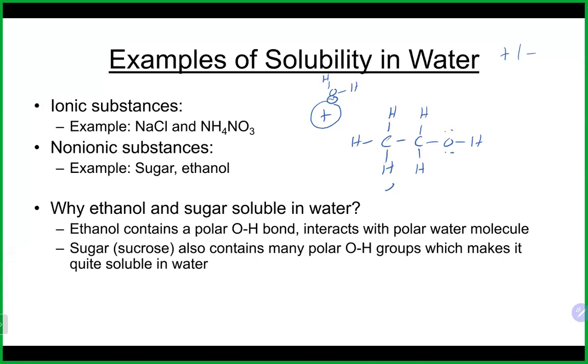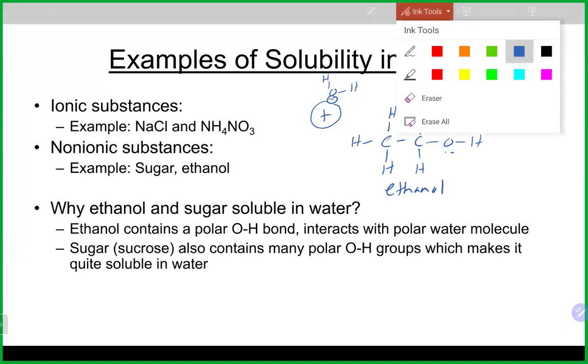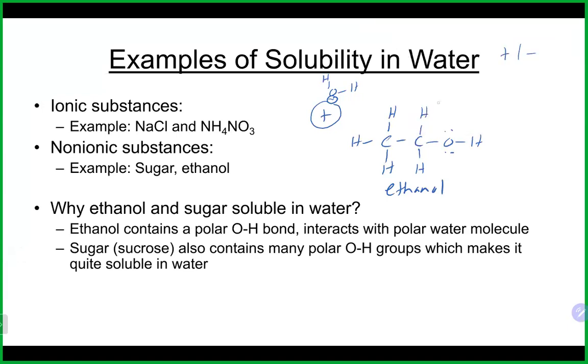So this is what ethanol looks like. And ethanol, like this organic compound, actually has two parts to it. What I put in the box, those are all carbons and hydrogens and carbon bonds.